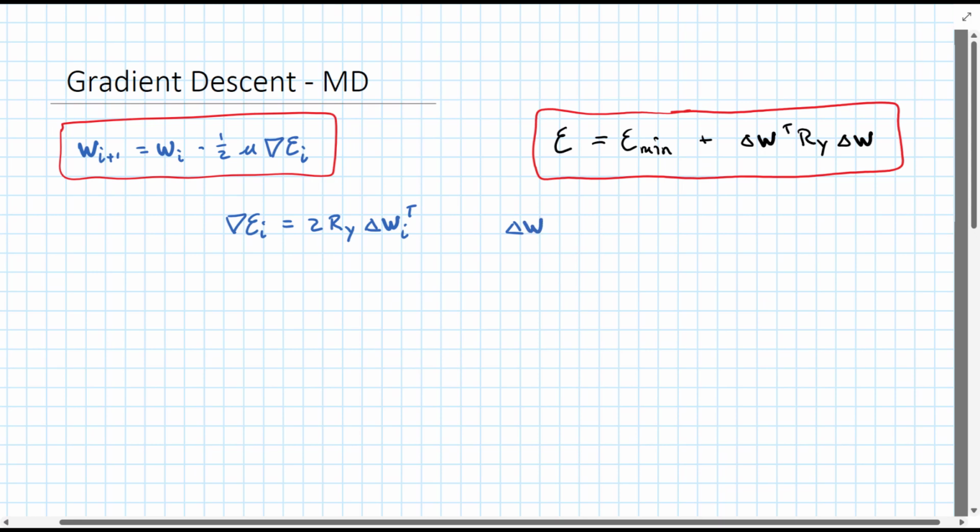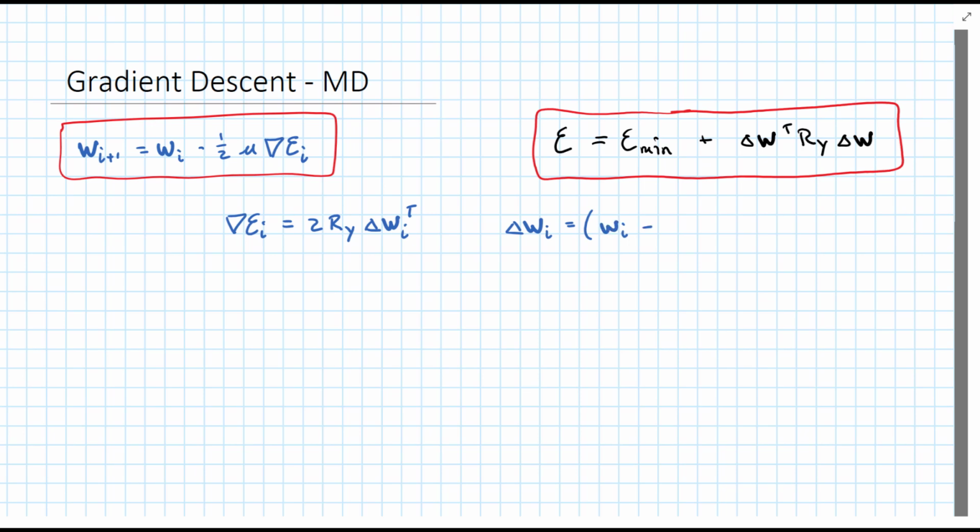Now the delta vector, as defined previously, is just equal to our current weight vector minus the optimal weight vector. Combining these expressions gives us the weight update shown.